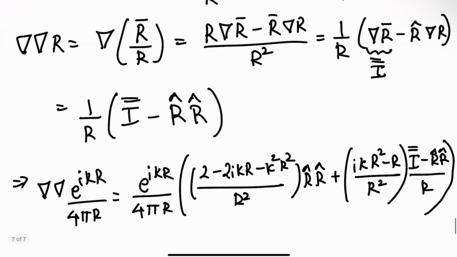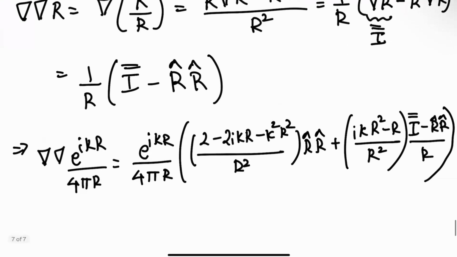Again, this looks very complicated, but it's really simple. It's just an algebraic equation. There are no derivatives, just some coefficients and then some simple tensors, r hat and I.